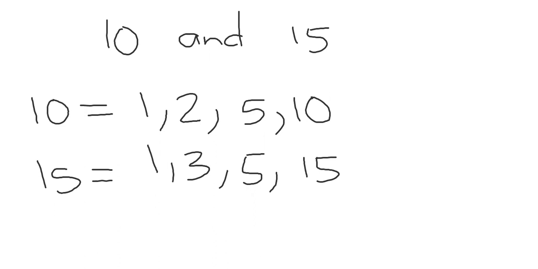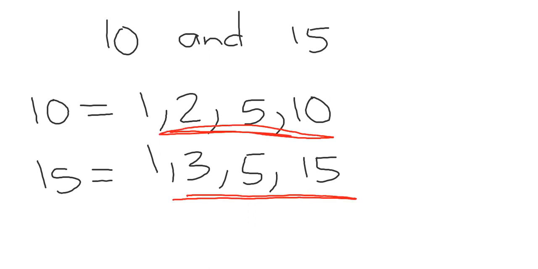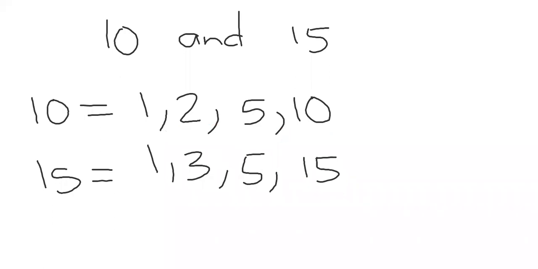So now remember, we are looking for the highest common factor, the highest number that appears here and also appears there. The highest number that appears in both of these: we have a 5 here, and we have a 5 here.